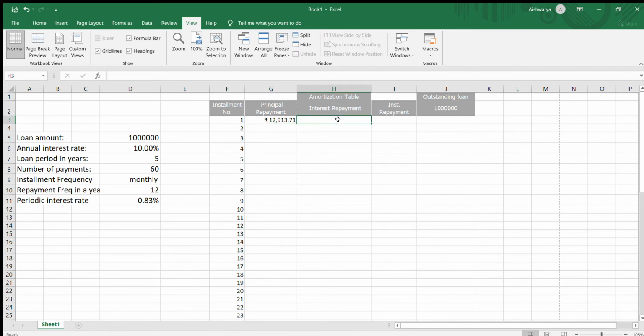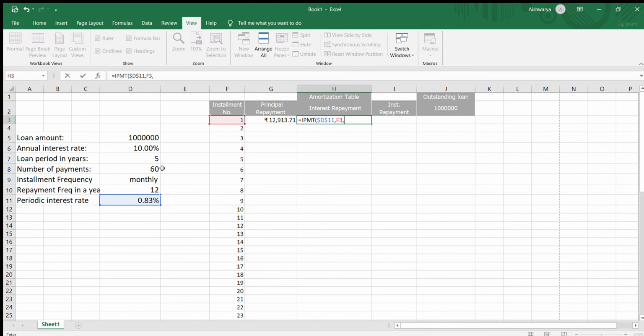We can find out the interest repayment. So the syntax for the interest repayment is IPMT. Now we can add the rate and freeze this column by adding the dollar sign. Now pay is installment number.